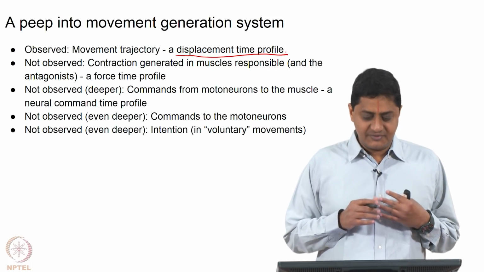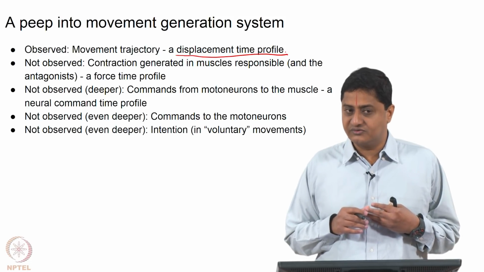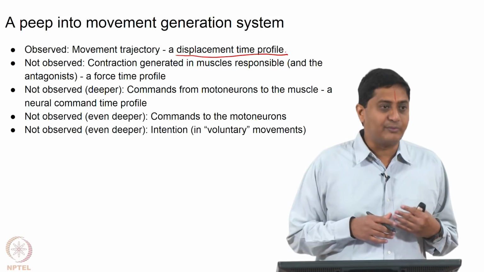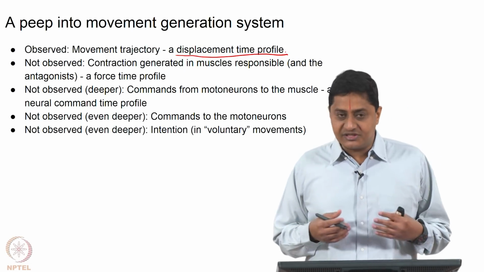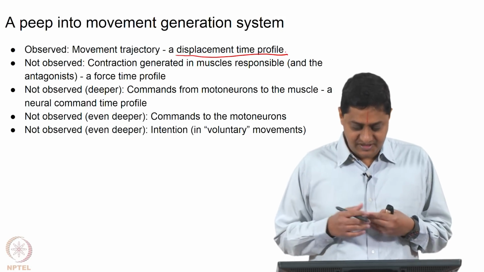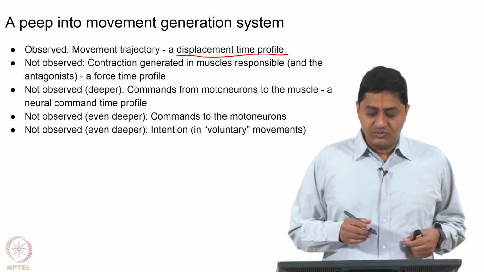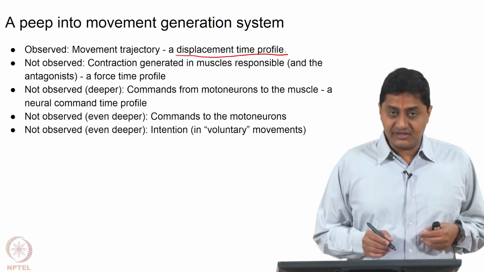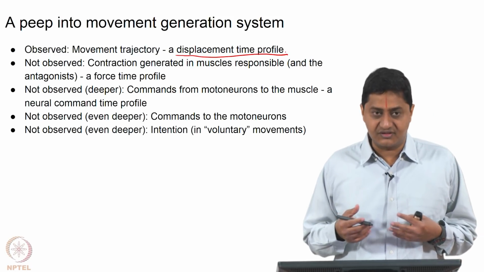Note that this displacement time profile is caused due to relative movement of bones. We saw in the earlier class that bones move relative to each other, causing displacements, what is observed as displacements by us. But this relative movement of bones is caused due to contraction of the muscles. So, contraction is generated in the muscles responsible for those movements.